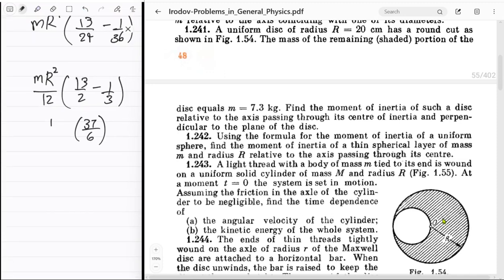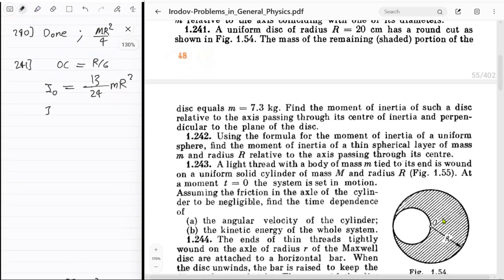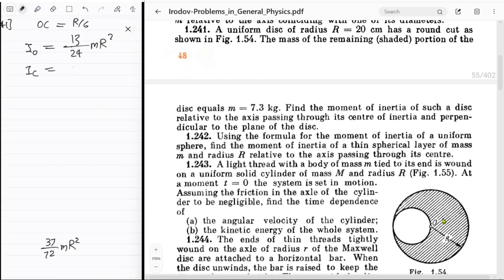So actually it's going to be 37 upon 72 mr squared. Okay, whatever. That is the thing. That's IC. Let's keep IO over there as well. So IO is this, and IC is this. It's 13 upon 72 mr squared, hopefully.